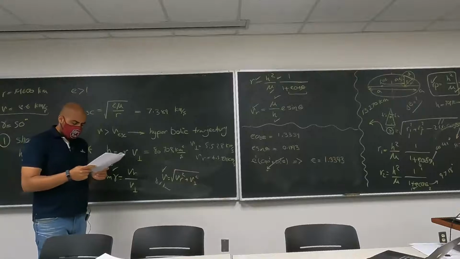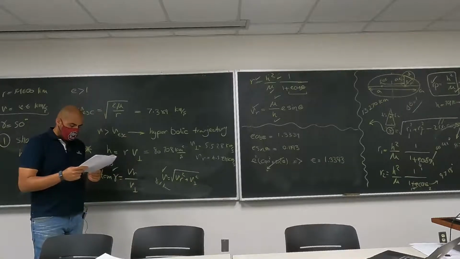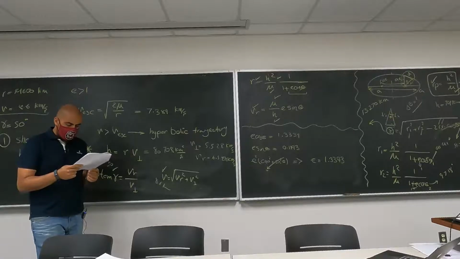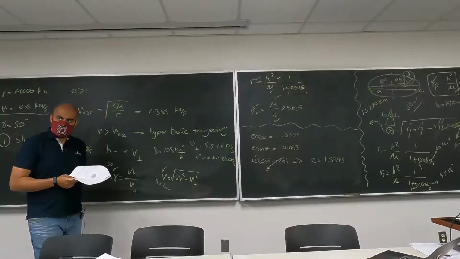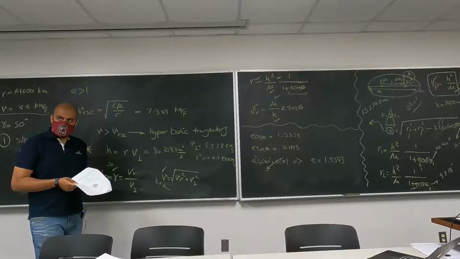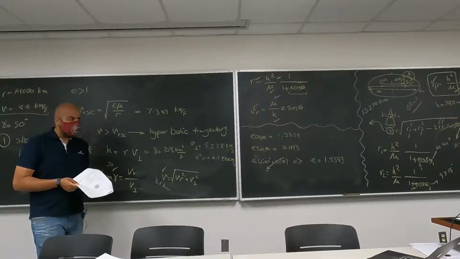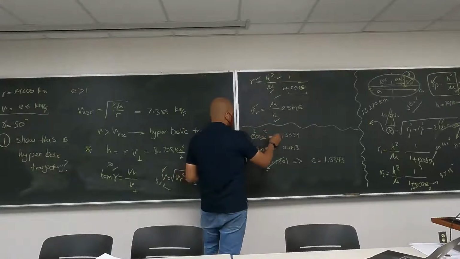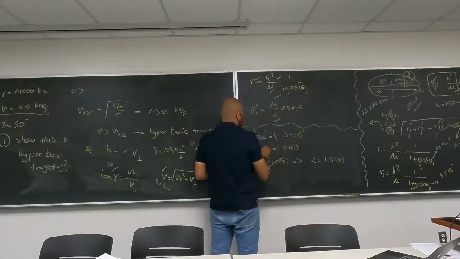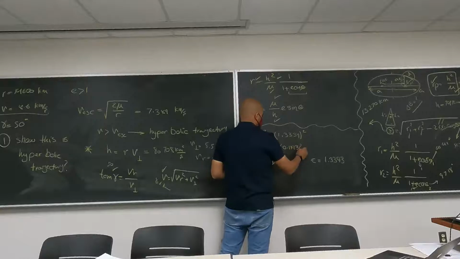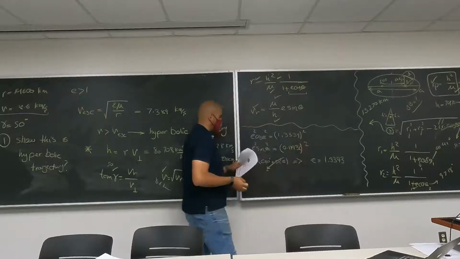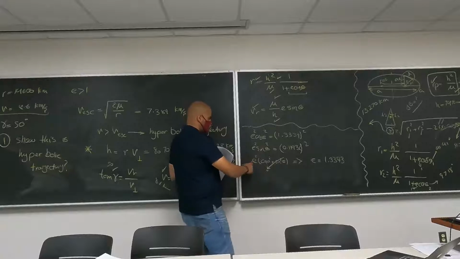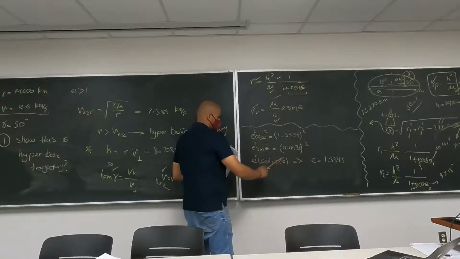Wait, so how did that work? You have the values for e cosine theta and e sine theta, and you square them. How's that work out? Raise it to the power 2. It's going to be this, right? If you add it up, you can take the e squared out. It's going to be e squared multiplied by cosine squared plus sine squared.